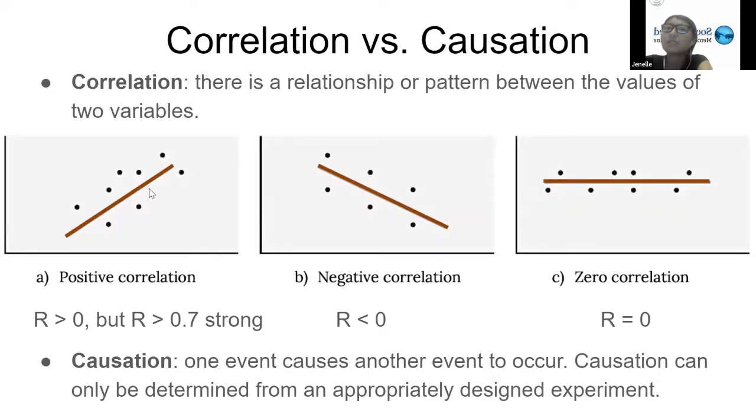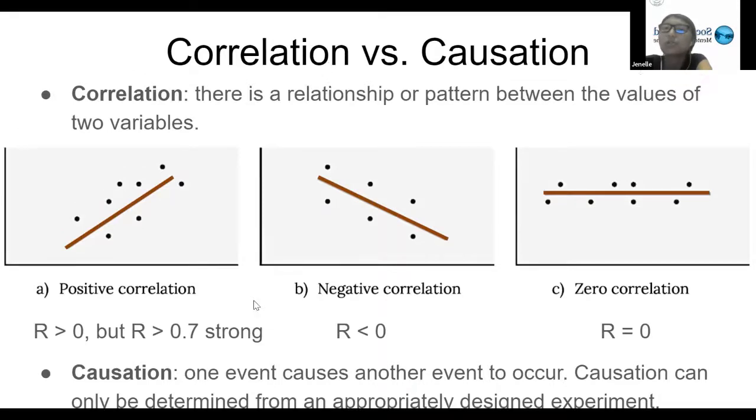So those are the different degrees of positive, negative, and 0 correlation. R is the value that's usually used to measure correlation. So these values really help researchers determine the trend for the correlation of two variables.